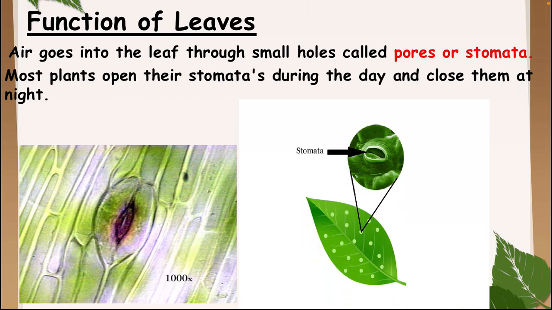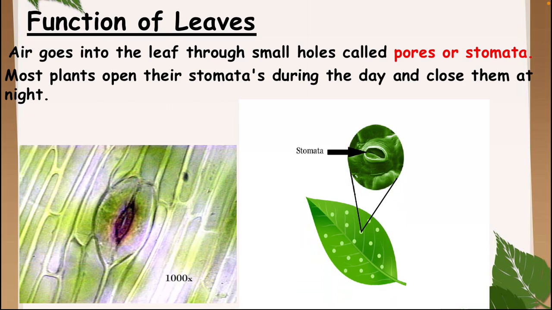Now you can see how closely packed the stomata are on the leaf. Stomata have two main functions. First, they exchange gas, taking in carbon dioxide and releasing oxygen for us. The second is the process of transpiration in plants.